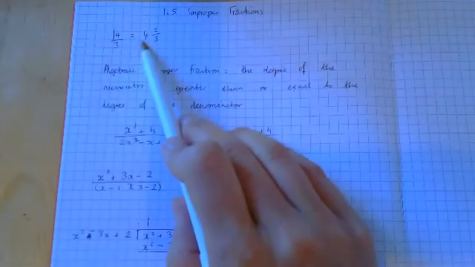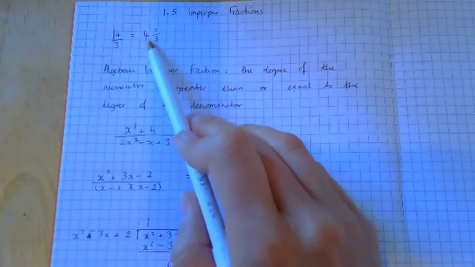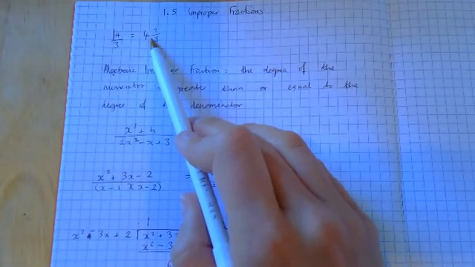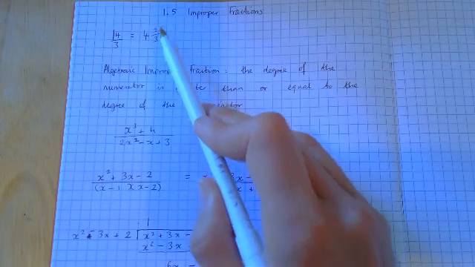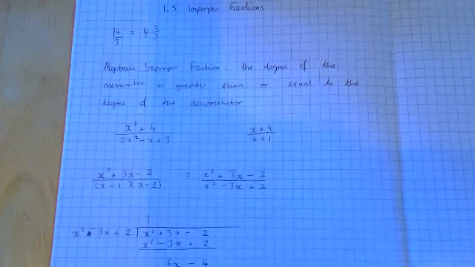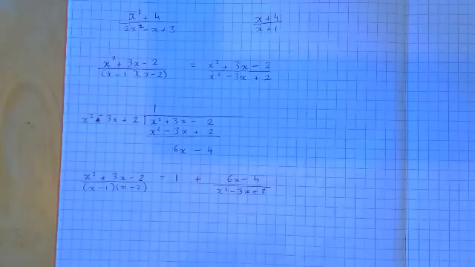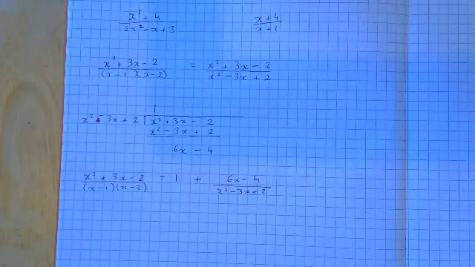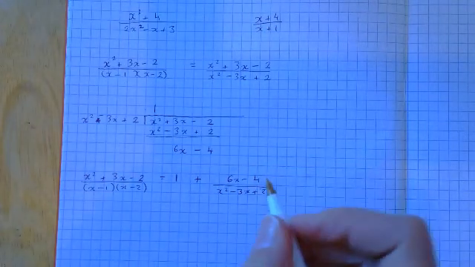Which is exactly what we do, isn't it? That's how many times it went in, and then we could put a plus in there, what was left over and what we were dividing by. So nothing is changing, we're still just doing normal division.